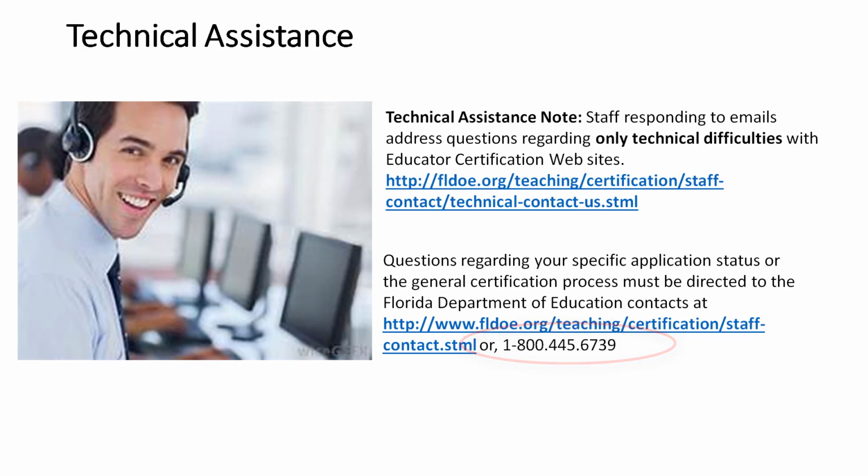Due to the extremely high volume of email inquiries and phone calls, the Florida Department of Education staff will respond to your inquiry as quickly as current resources allow, unless a review of your file indicates that your question has already been addressed.